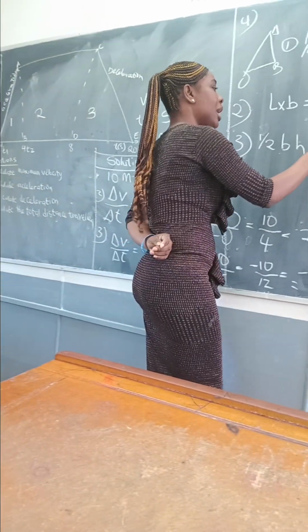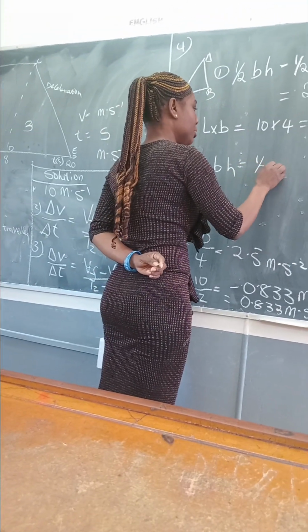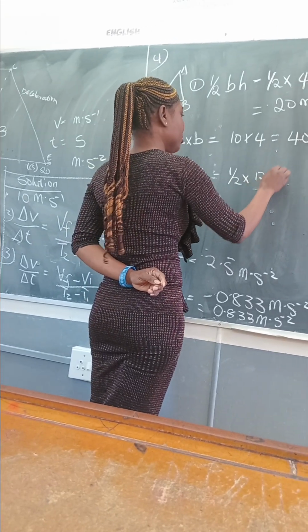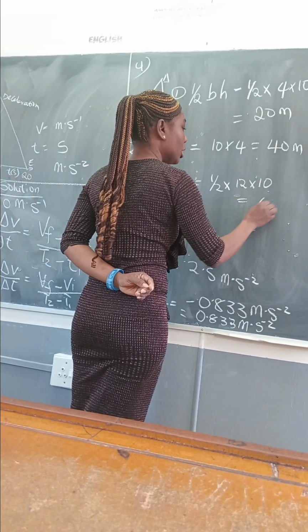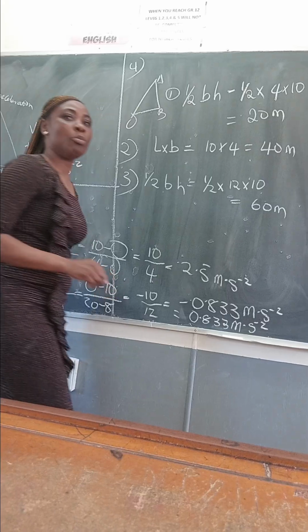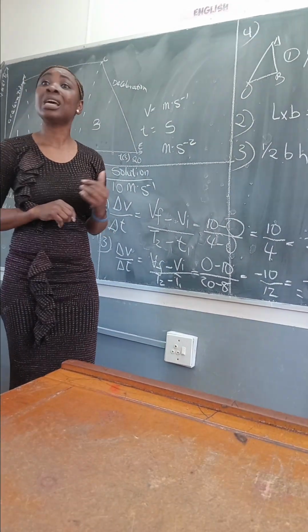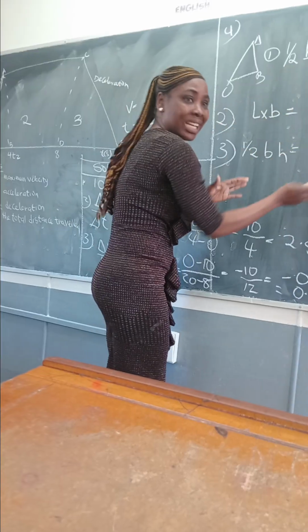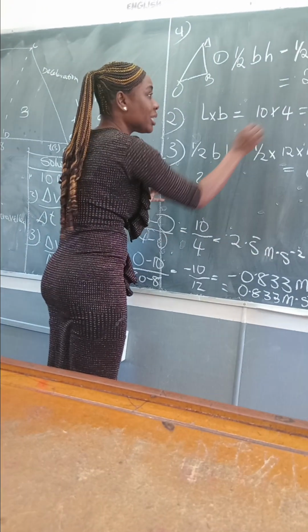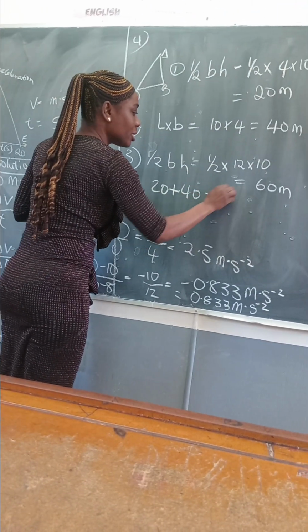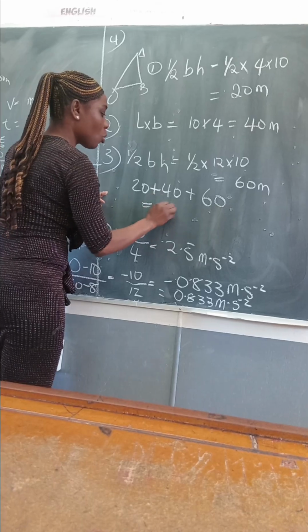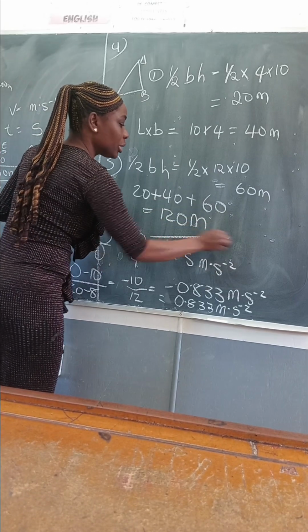So that means half times 12 times 10. If you punch your calculator, you're going to have 60 meters. Since we're looking at the total distance that this object has covered, we're going to add the 3 together. That means 20 plus 40 plus 60, so we're going to have 120 meters.